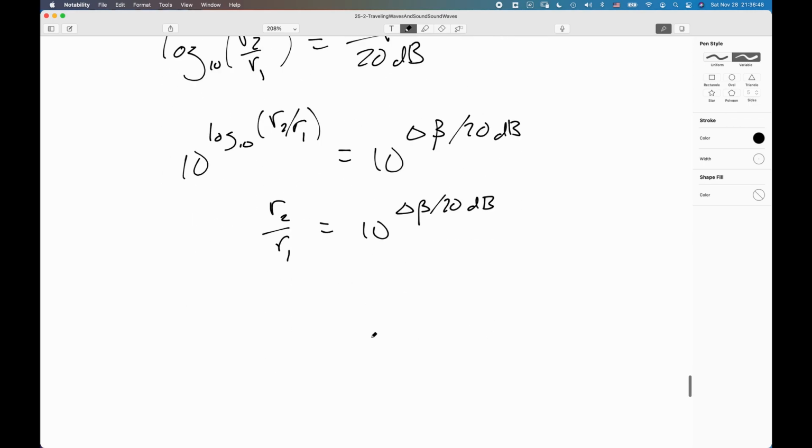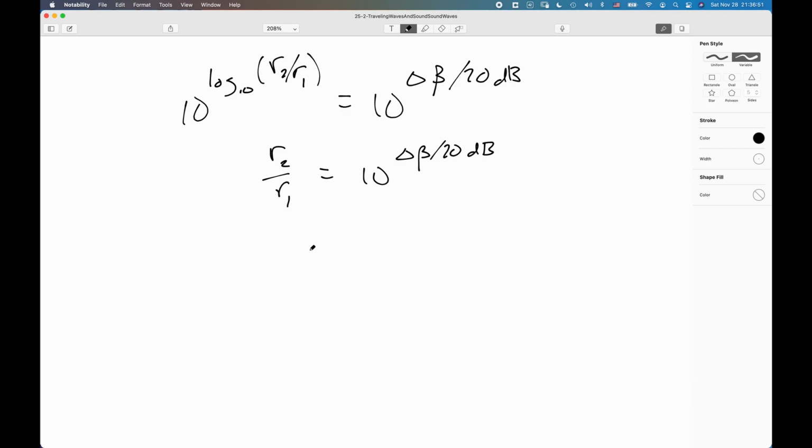And finally, I can times through by R1 and substitute. So R2 will equal R1 times 10 to the delta beta over 20 dB. In the problem we said R1 was 5 meters, recycling the same number as before.